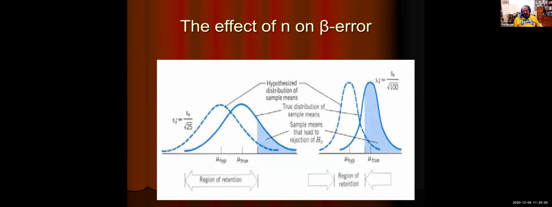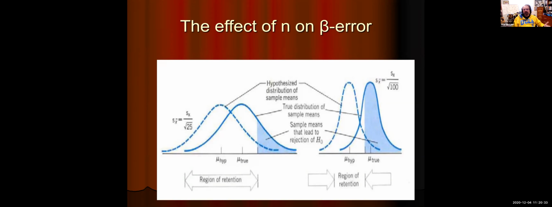Regardless of the delta, here you're seeing that top picture again, but in the two pictures on the left the sample size is 25 in this particular experiment. On the right side it's a sample size of 100. And what happens is that the larger the sample size, even though the delta is still the same, you have a much higher probability of making the correct decision of rejecting the null hypothesis.